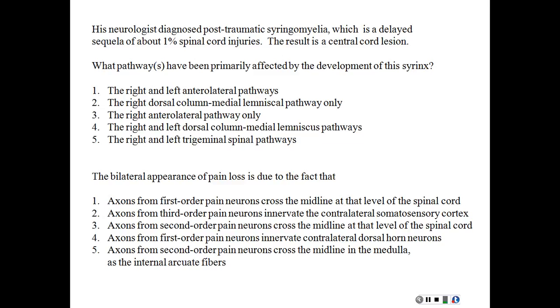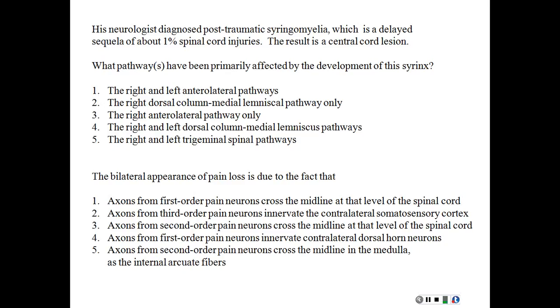Axons from the third order neuron innervate the contralateral somatosensory cortex. Well, that's true, but that can't be due to the bilateral appearance of the syndrome, right? Because by the time you're up in the thalamus, that's only conveying information from one side of the body. That's a true statement, but it can't apply to the loss of pain.